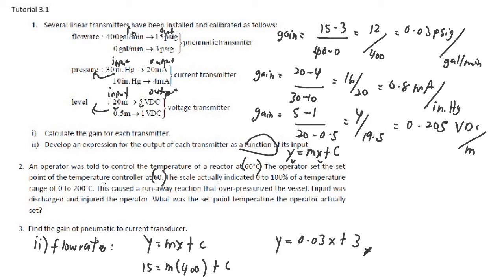The scale actually indicates 0 to 100% of a temperature range of 0 to 200 degrees Celsius. This caused a runaway reaction that overpressurized the vessel. A liquid was discharged and injured the operator. What was the set point temperature the operator actually set? Basically this is the value of the set point, 60%.